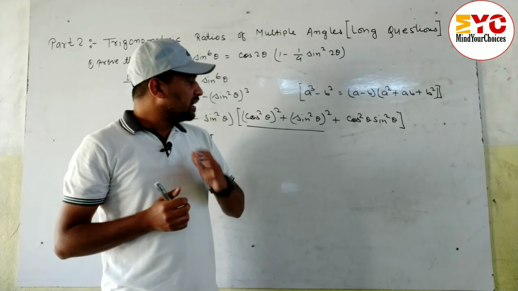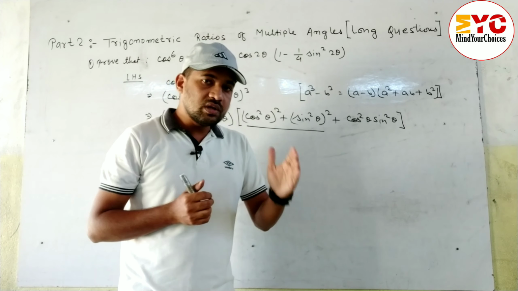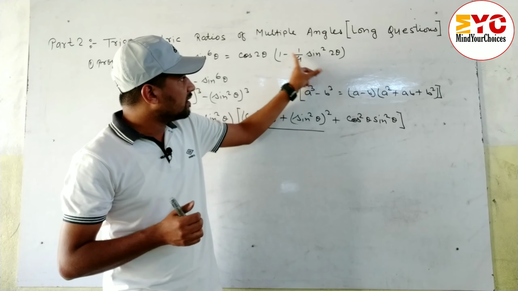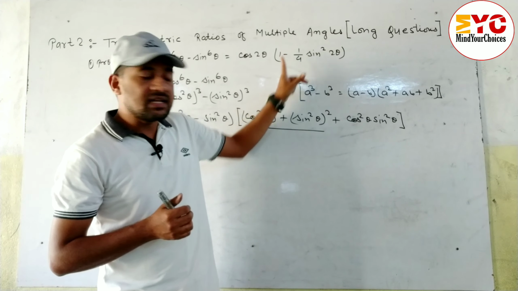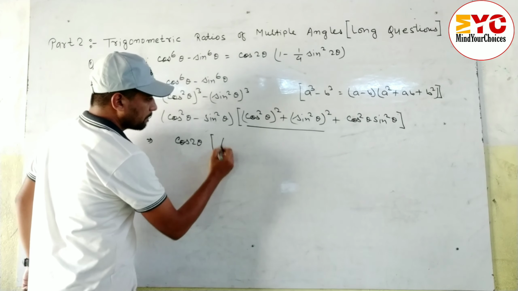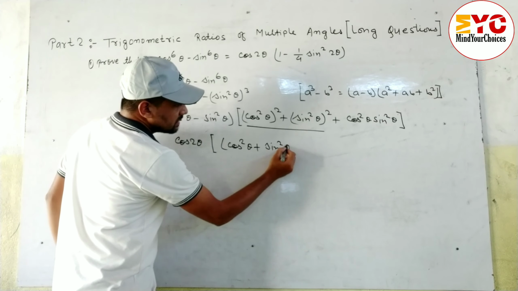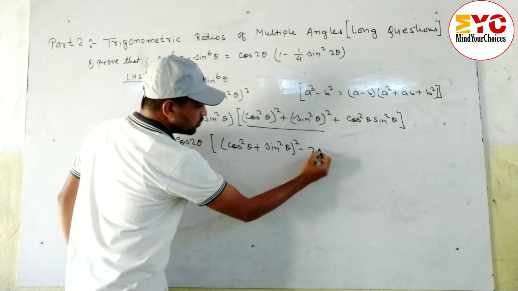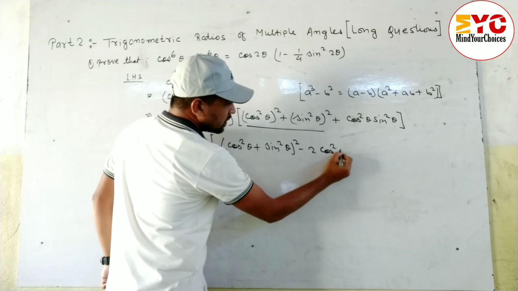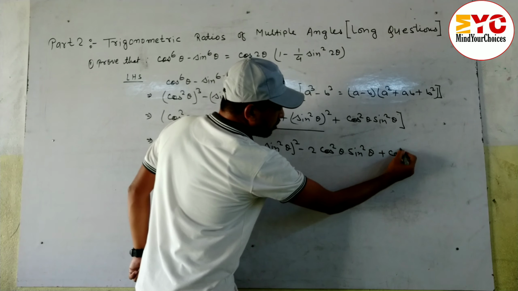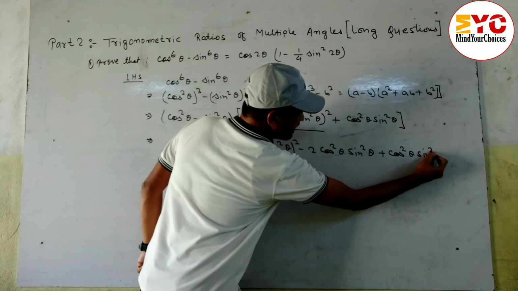If you use that, we get a plus, but we need a minus, so we use this one: (cos² θ plus sin² θ) whole square minus 2 cos² θ sin² θ, plus cos² θ sin² θ.